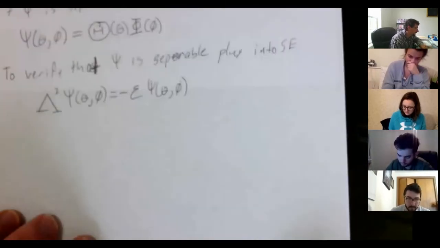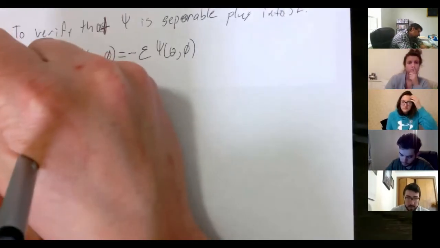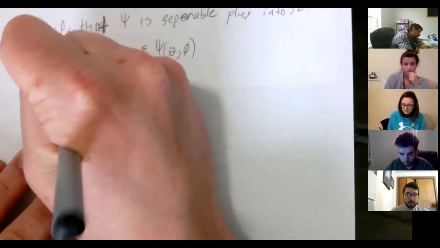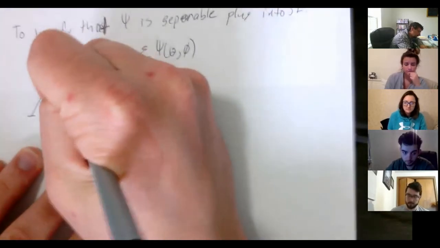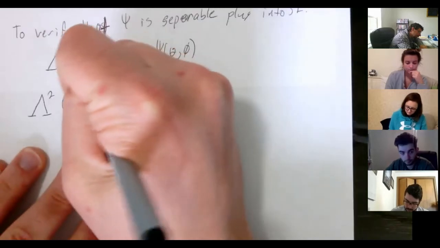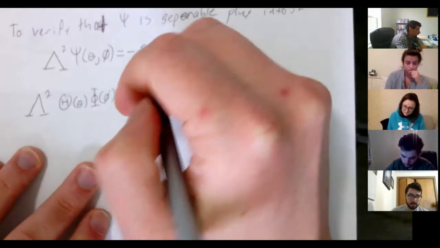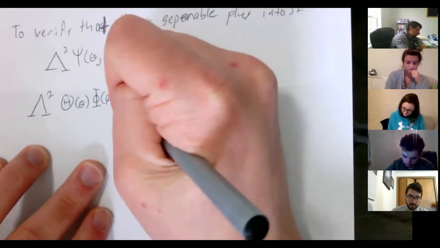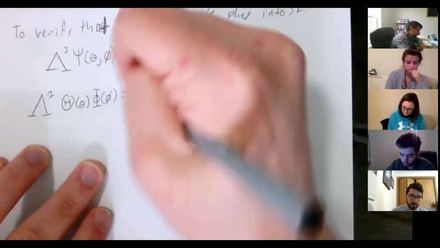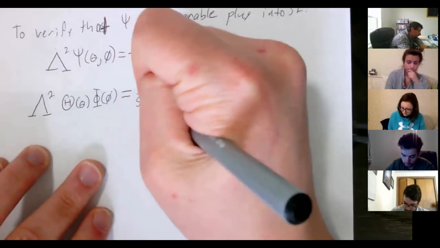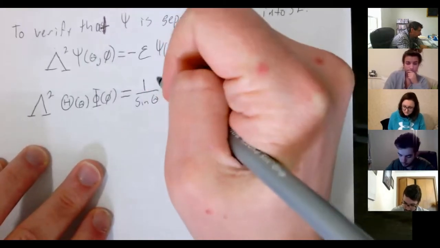Okay. Now we got to plug this in with our two functions. We got big theta, it depends on small theta. Capital phi, it depends on little phi. If we start plugging those things in, we have 1 over sine theta.